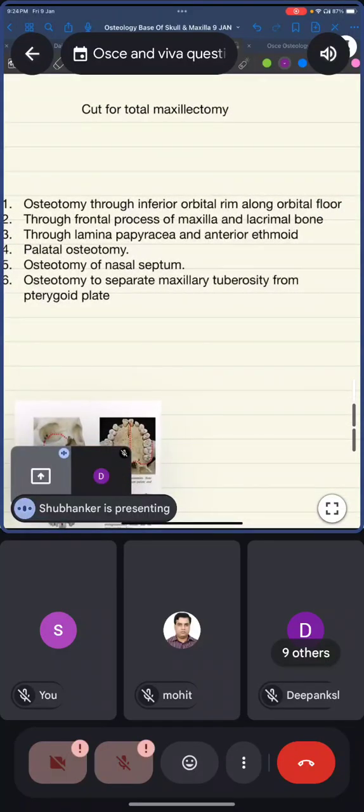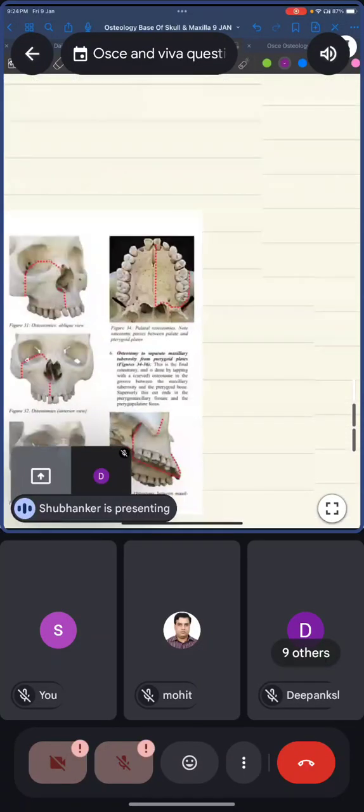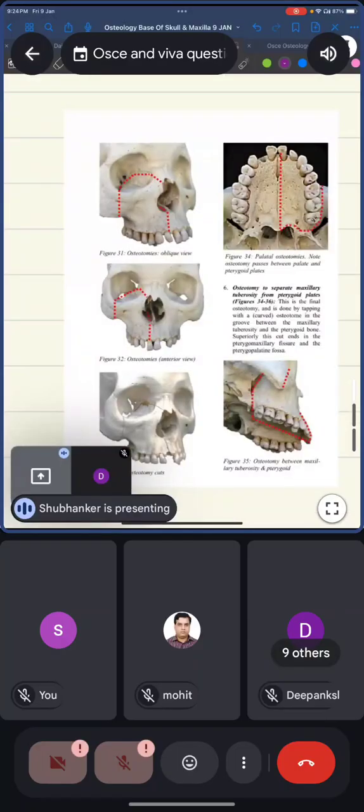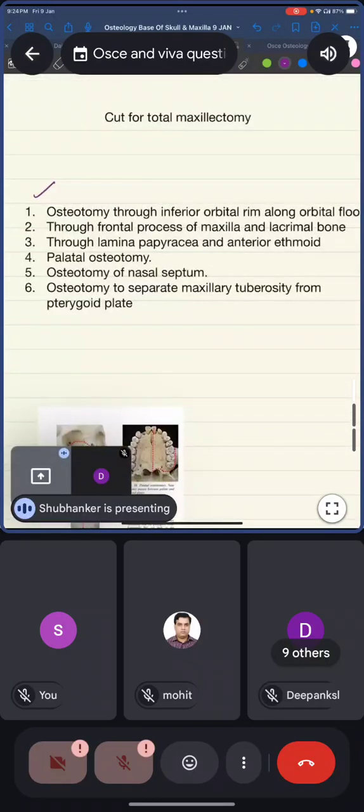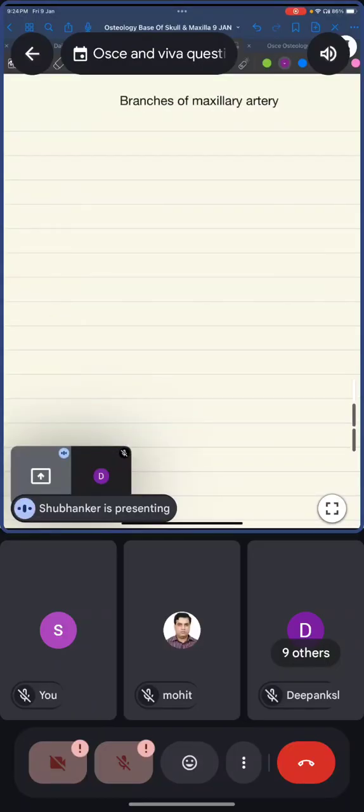Okay, these are the cuts that you should remember for total maxillectomy. Okay, in diagrammatic version, if you want to go through it, this is the way you go for total maxillectomy. Okay, this you should also remember. This has been asked once. Potential question for repetition.